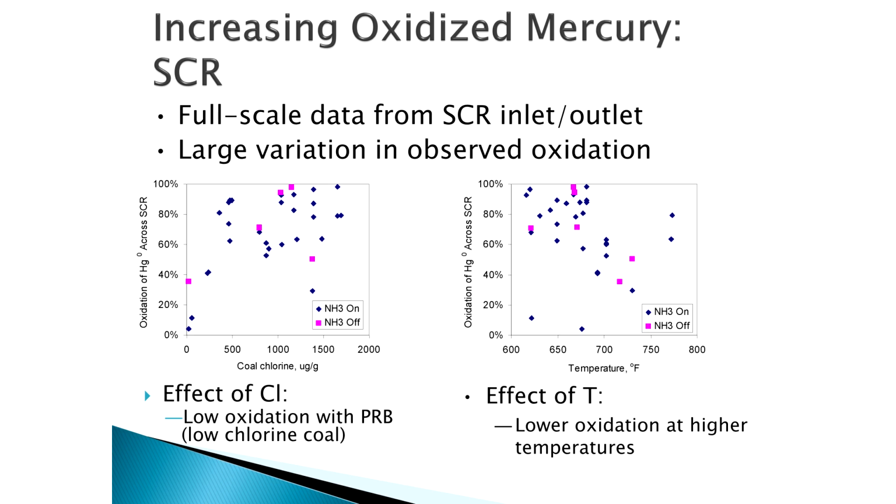And so one thing to note for people who are operating power plants: sometimes, for example, in the winter, or when the load is low and you don't need as much power, you may operate your SCR at lower temperatures, but as the demand for power goes up, you may operate at higher loads, which increases the temperature in the SCR, which would tend to drive down the amount of mercury that's oxidized across the SCR.